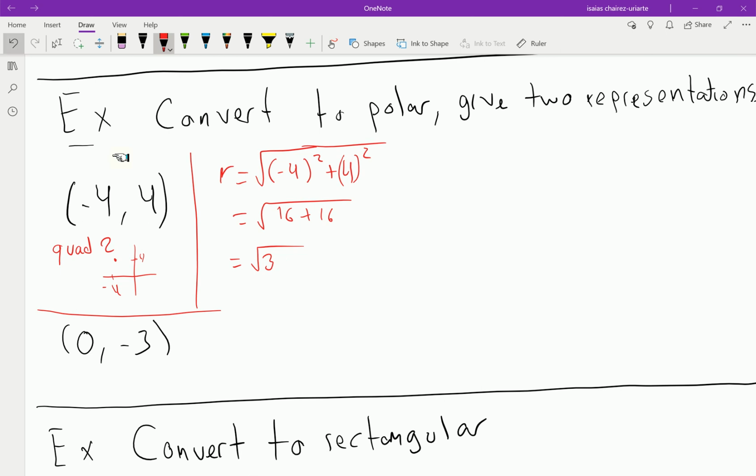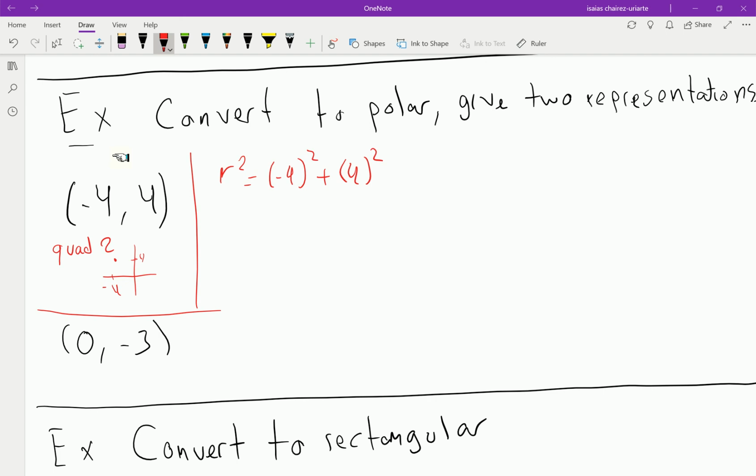Hang on, let me reverse my stuff here, because remember, r could be negative. I already made r positive, and I need to be careful with that. So to find r, actually I should say r squared is equal to negative 4 squared plus 4 squared. That's how I should start this, because r can possibly be negative.